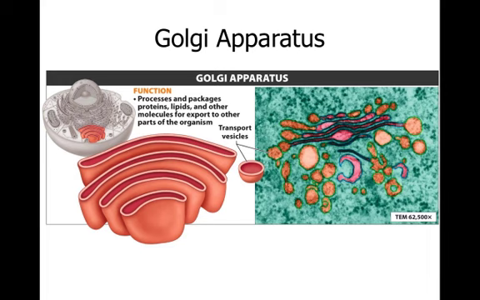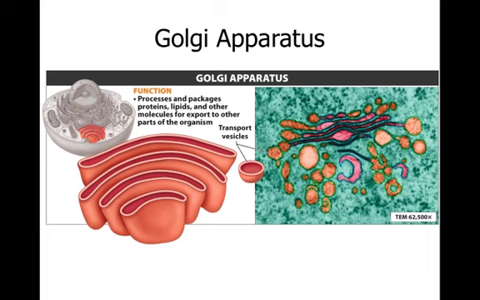So we create this little vesicle that now has our glycoproteins in it, so our carbohydrate and protein mix. This little tiny vesicle, called a transport vesicle, is now going to merge with the Golgi apparatus. So it moves from the rough endoplasmic reticulum, and then it merges with the Golgi apparatus.